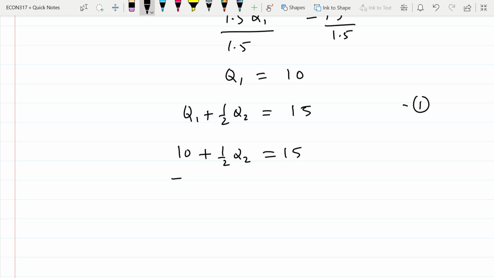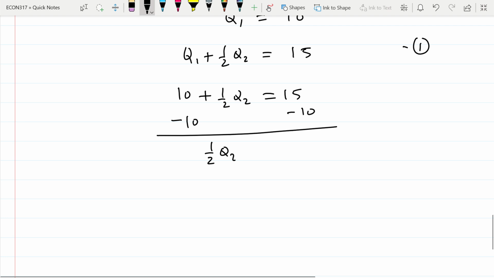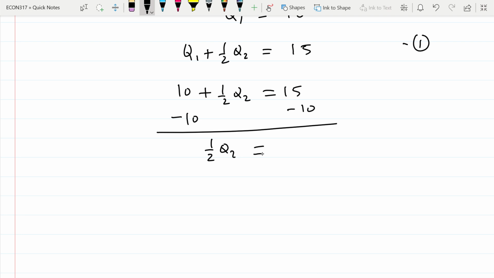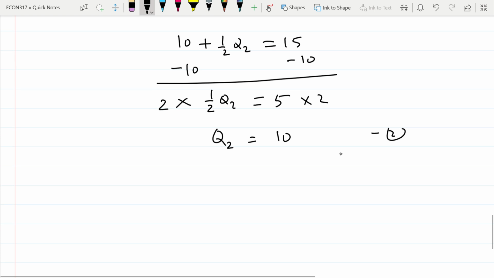It is 15, so I subtract 10 from both sides. What I obtain is 1/2 Q2 on the left, and 15 minus 10 on the right, which is 5. Now I could multiply both sides by 2 to obtain Q2 on the left, 10 on the right. So now we have found our solutions.